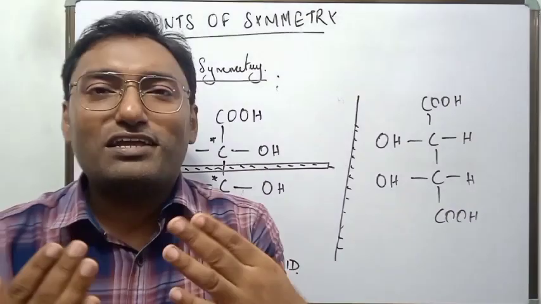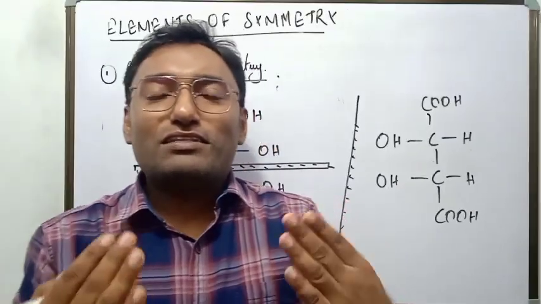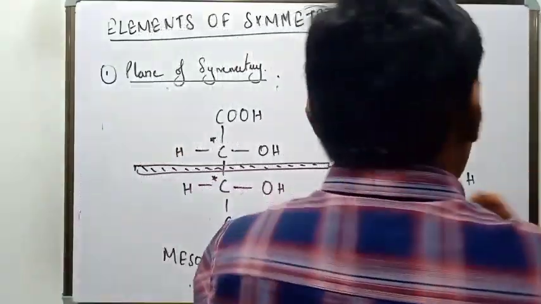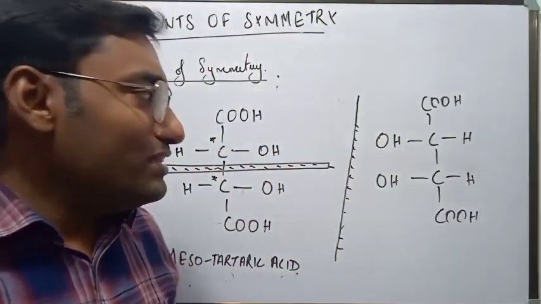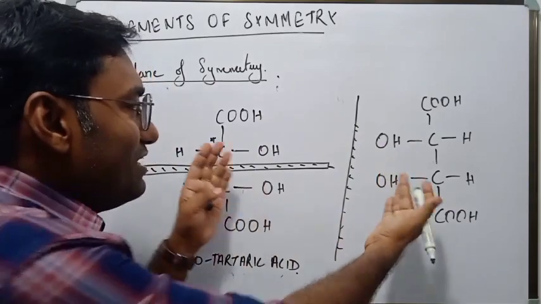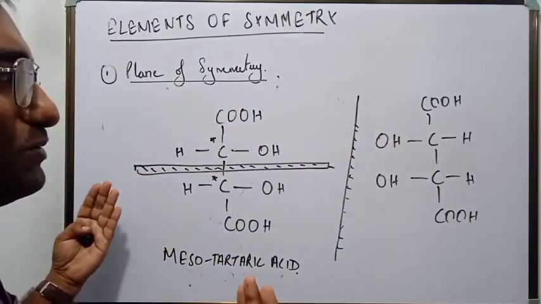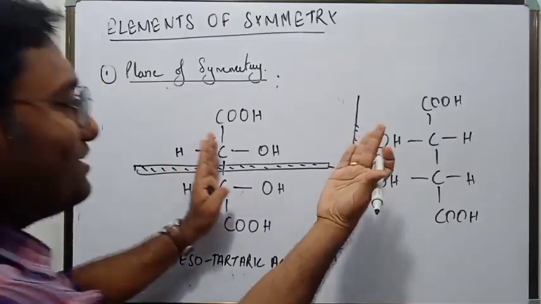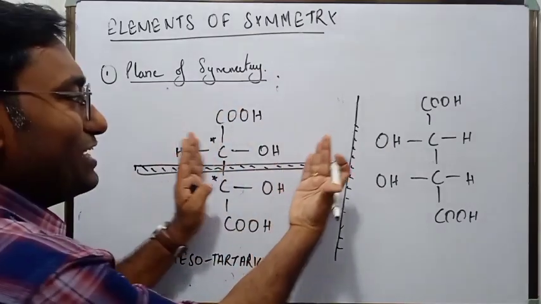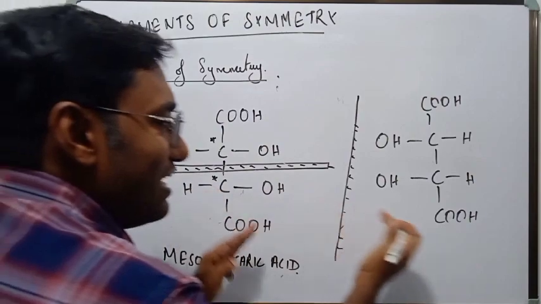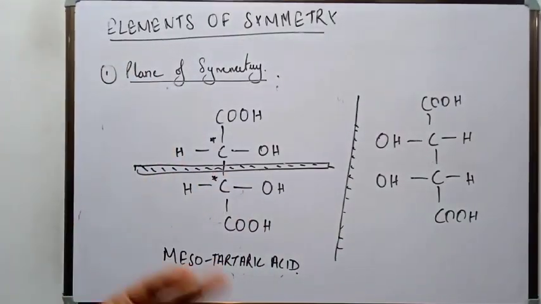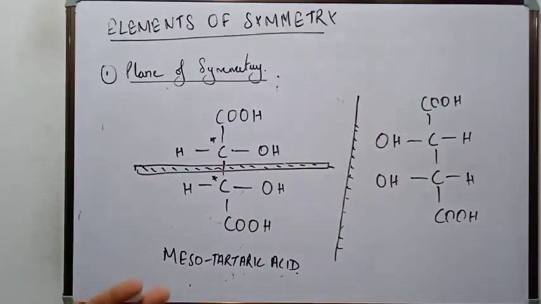Just observe me. The molecule can rotate in this manner, so it is not fixed. So if the molecule rotates, it would become superimposable. If it goes for a 180-degree rotation, it would become the same as this, right? So they are actually superimposable mirror images of each other.